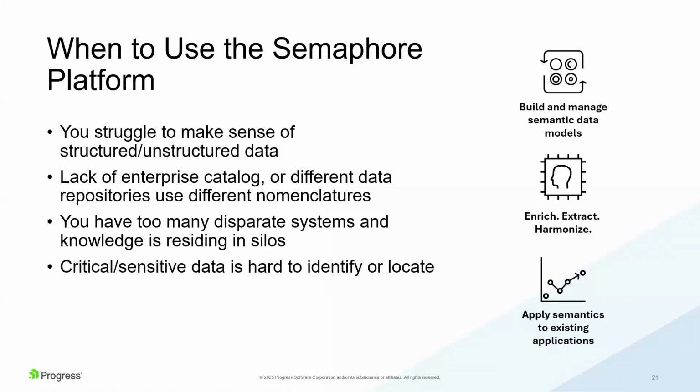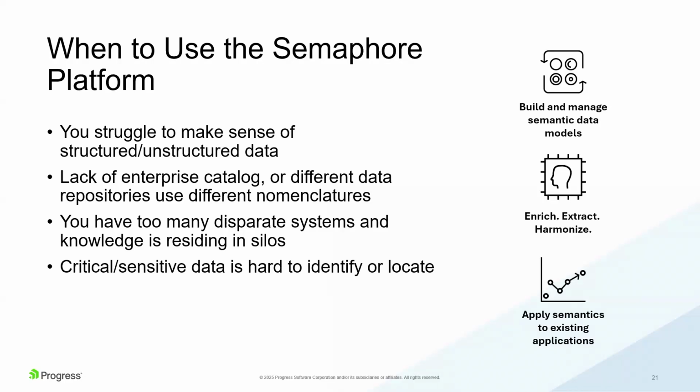So these issues can lead to silos and make it difficult to align knowledge, workflows, and business objectives across departments, across countries. Identifying and managing sensitive data becomes another piece of the puzzle, which becomes more complex in such fragmented environments. Semaphore is specifically designed to help organizations navigate through these complications.